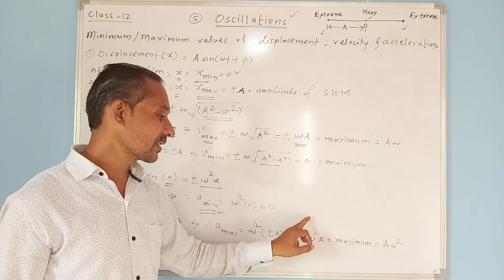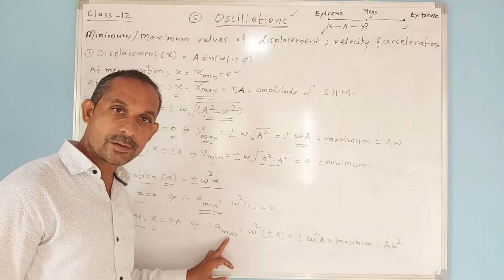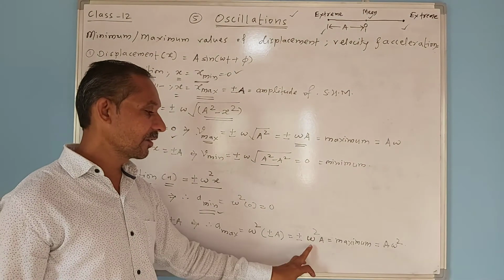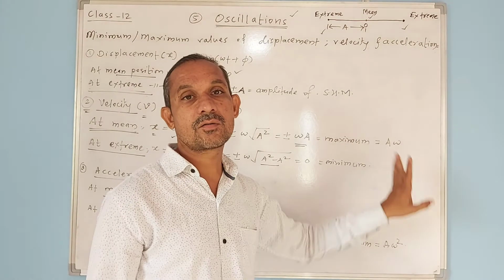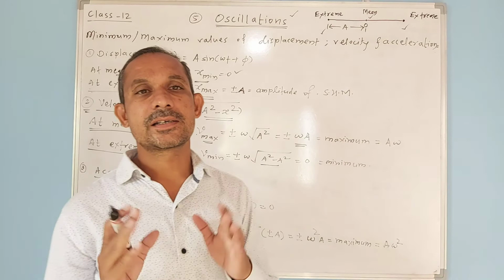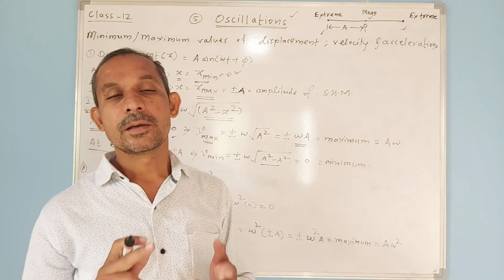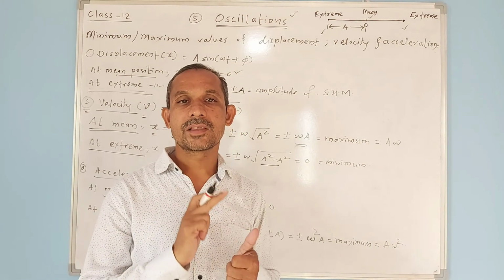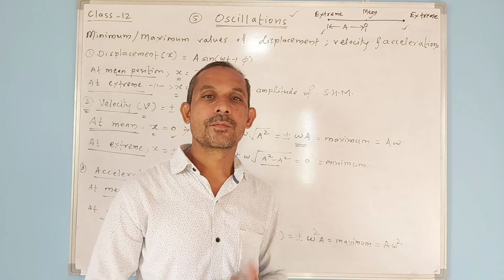As x is maximum, acceleration will be maximum. So the maximum acceleration is given by omega square a, or a omega square. So this is the basic, simple but important information about the minimum and maximum values for the displacement, velocity and acceleration. Okay, so this is all about the minimum and maximum information.